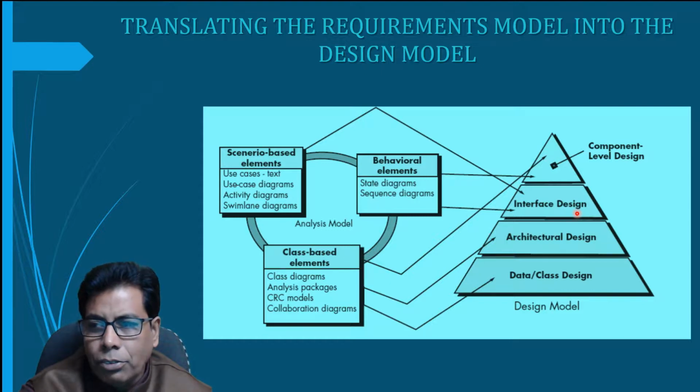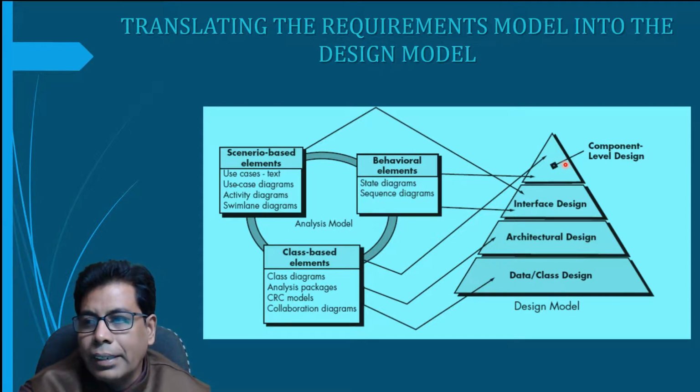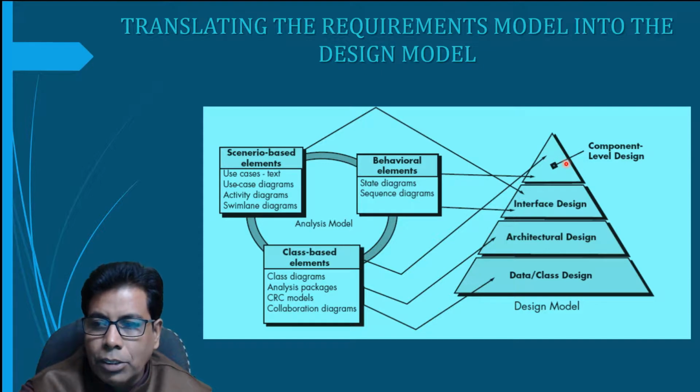Any software communicates with the system, that is the hardware, or with humans with the help of the interface design. So the interface design will specify that. And last we have the component level design, which will transform the structural elements of the software architecture into a procedural description of software components.